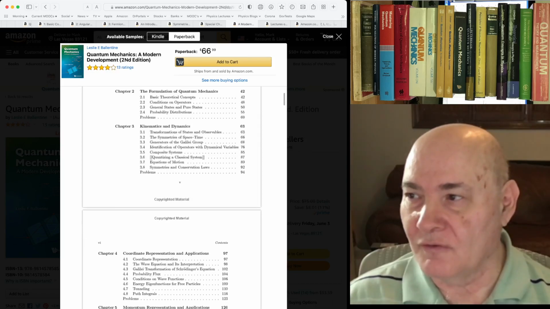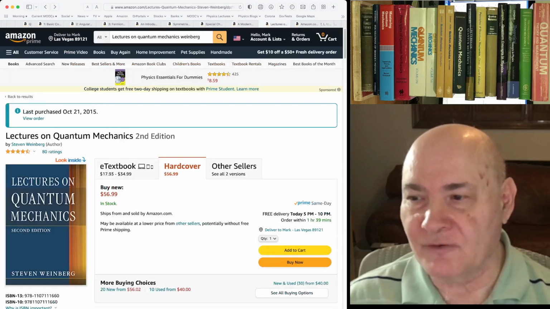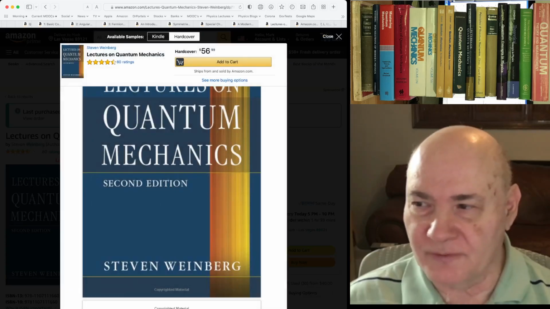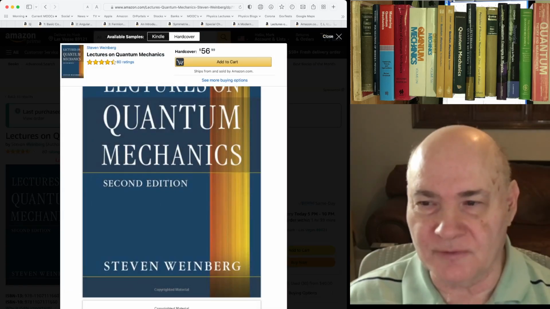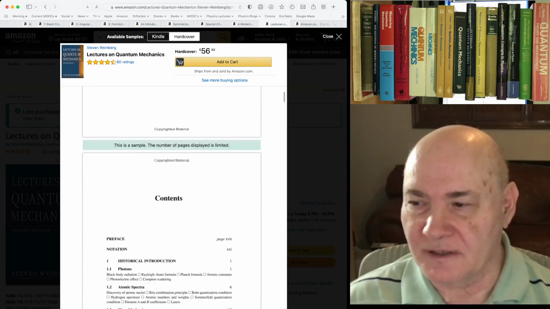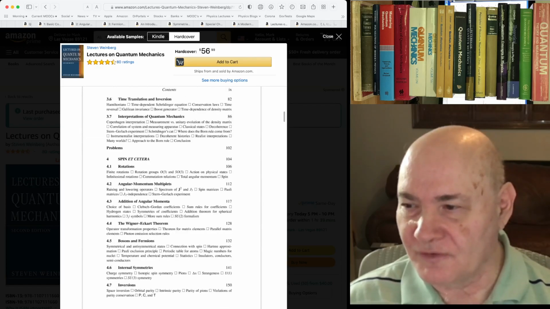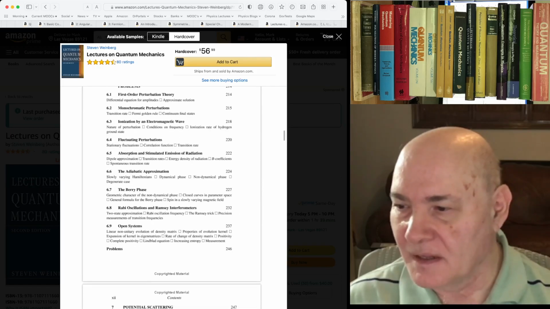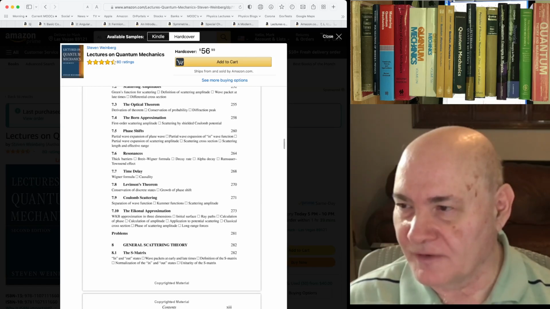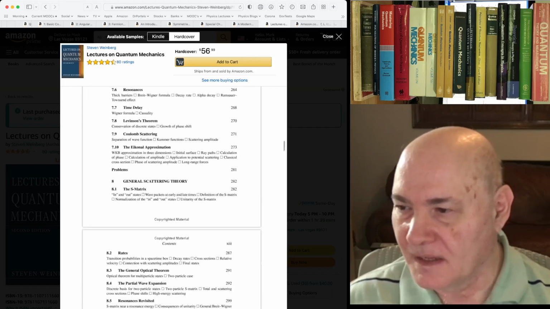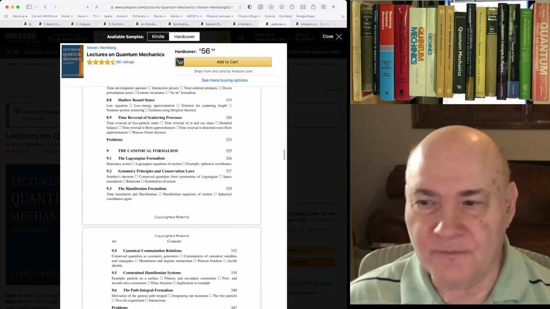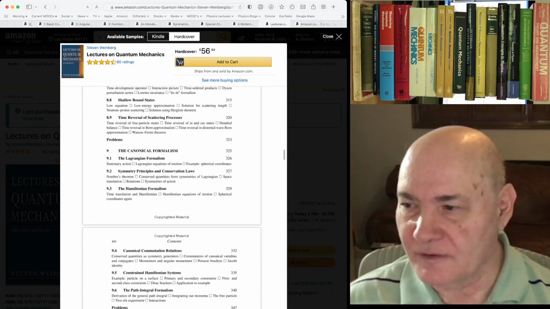Now, there's another really excellent graduate level quantum mechanics book, which is Weinberg's book. And to me, Weinberg's book is orthogonal to Ballentine's book in the sense that he treats a lot of topics that aren't treated anywhere else. For instance, he's got a treatment of the eikonal approximation, and he does the canonical formalism, quantization with constraints.